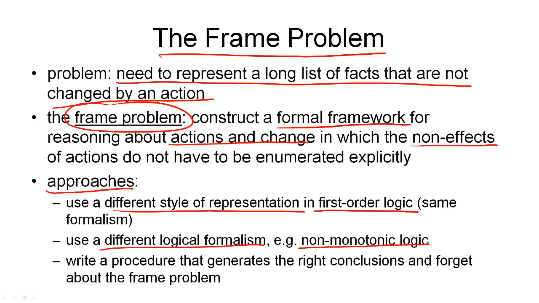And the third approach was to simply write a procedure that generates the right conclusions, in our case plans, because its solution is built into the procedure. And that third approach is basically what we've been following on this course. But you should be aware of the frame problem, which has to do with the representation of non-effects of actions.